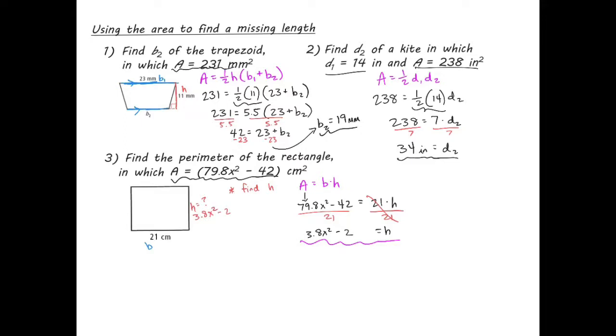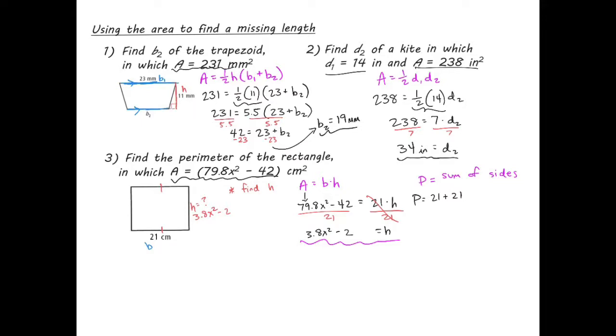Cool. So now that we have h, we can add up all the sides and find the perimeter, because the perimeter is just the sum of the sides. I know some of you have a quicker, more efficient way to do that, and that's cool. You can do it. But we're going to say that the perimeter is equal to, since it's a rectangle, I know that this side is 21, and so is the opposite side. So I'll have 21 and another 21.